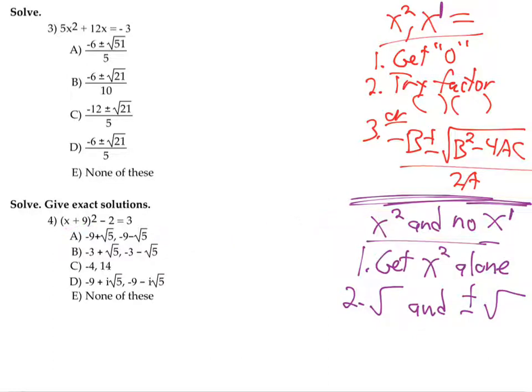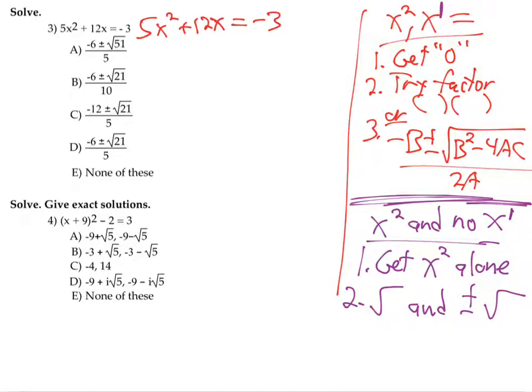And so we say, okay, let's do it. So up here, I've got 5x squared plus 12x minus 3 equals minus 3.